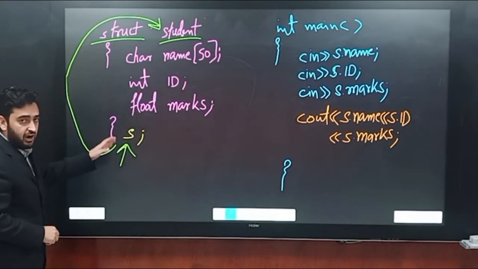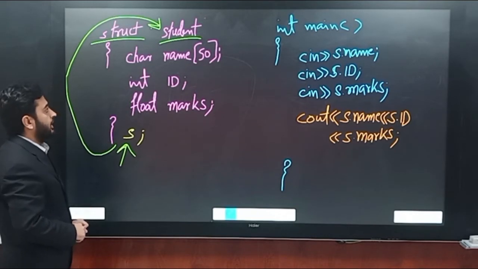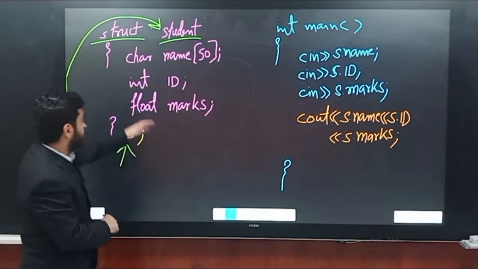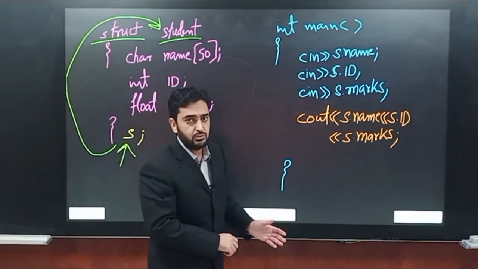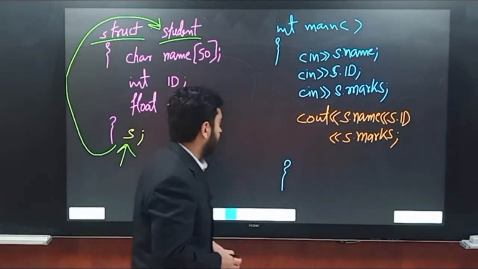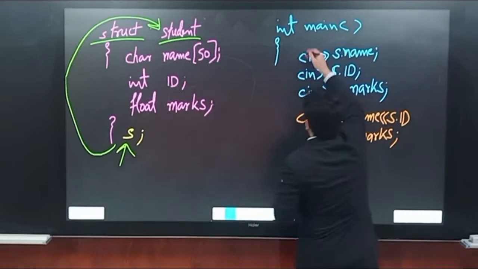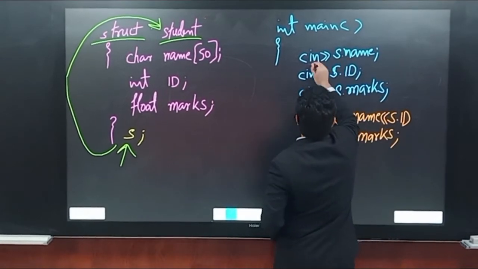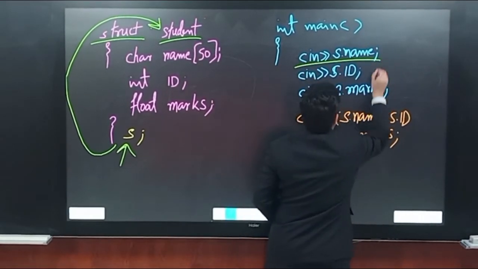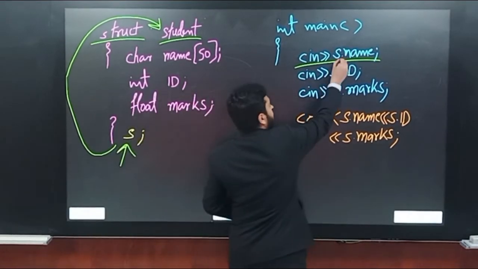Let's see how we can access the data types through this variable s in the main function. This is a global structure, so we can access it globally in any function of our program. This is the main function. In this main function you can see that we are going to take input from the user, cin s dot operator.